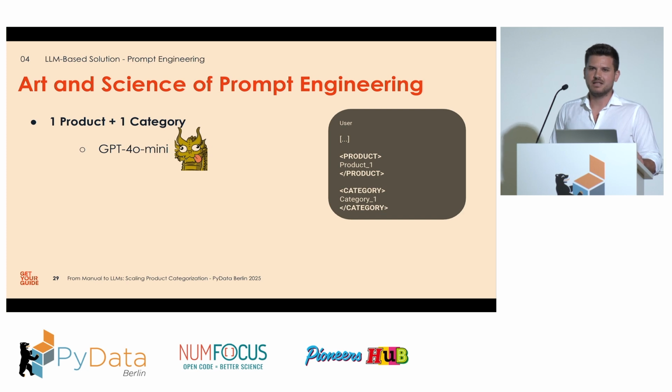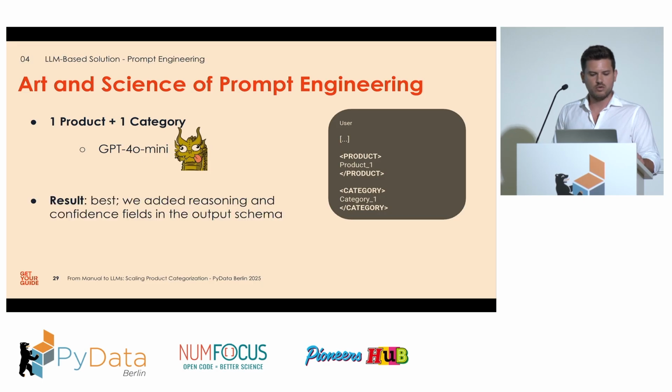Then at the end, we said, okay, let's go back to basics. Let's try the simplest way. One product, one category, using the smallest model that was good enough at that time, GPT-4o mini. The task that we tried was a simple yes or no decision, and we found that the model was quite good at giving these answers.